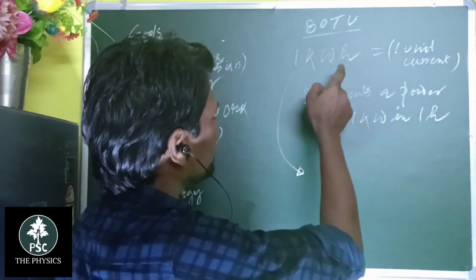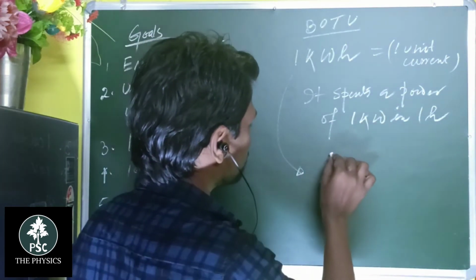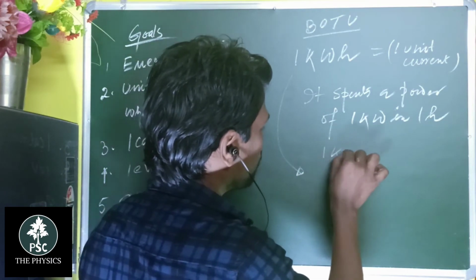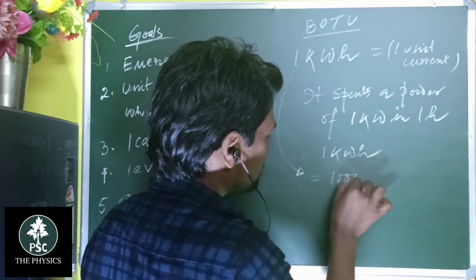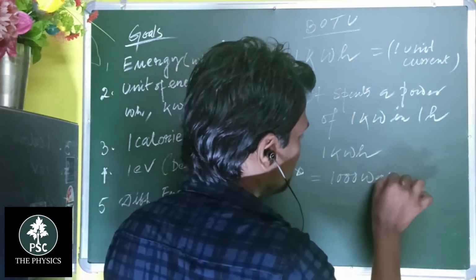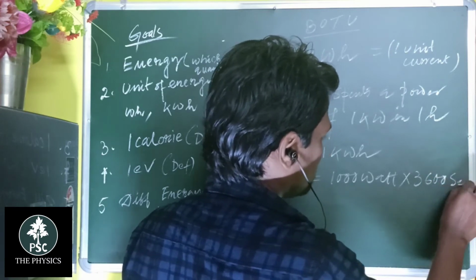So 1 kilowatt hour spends a power of 1 kilowatt in 1 hour. Kilo means 1000 watt, and this is 3600 second.